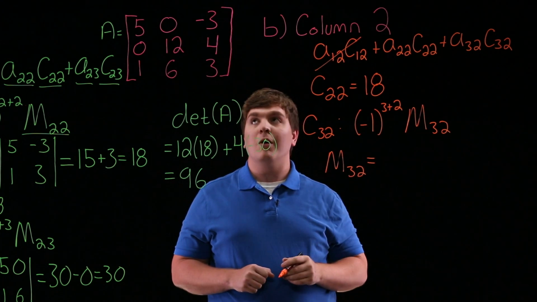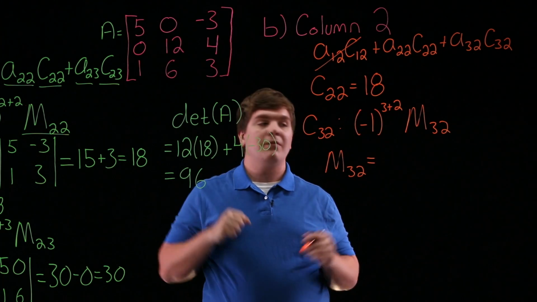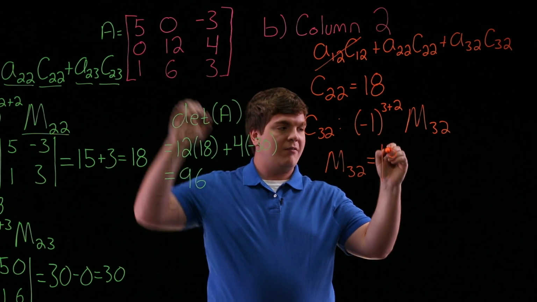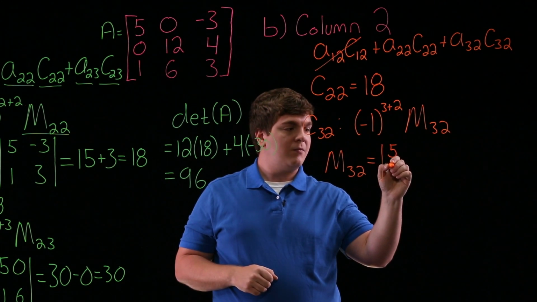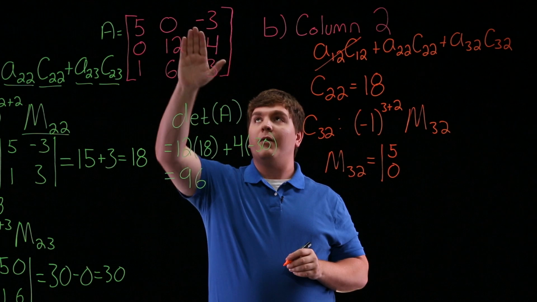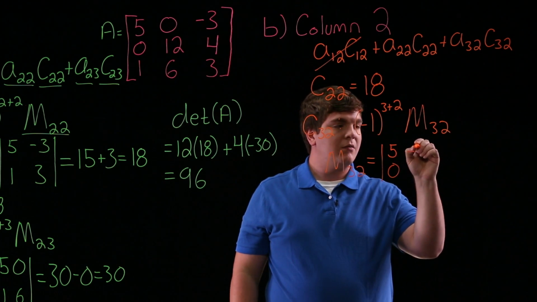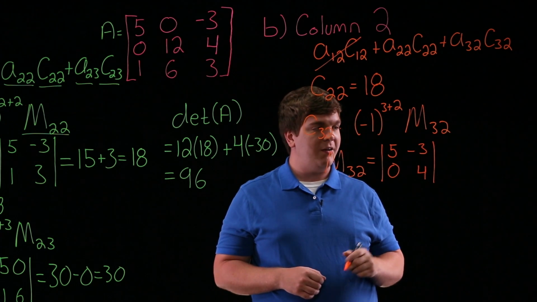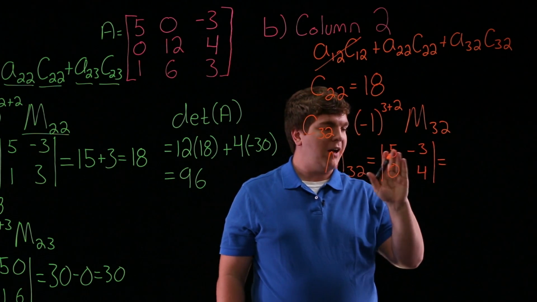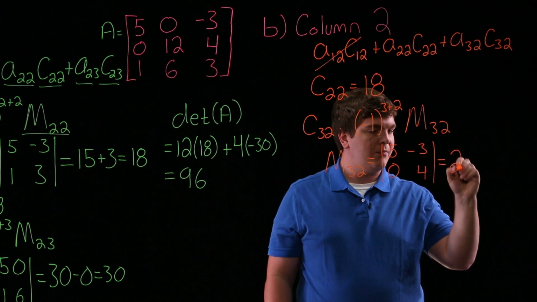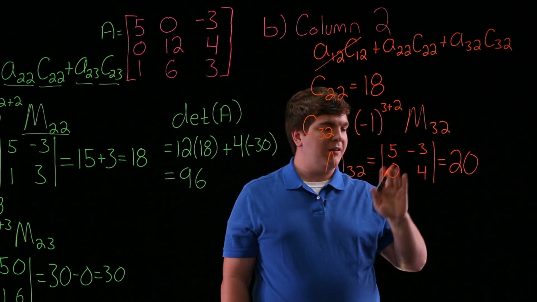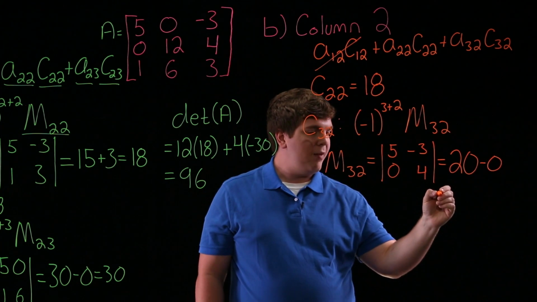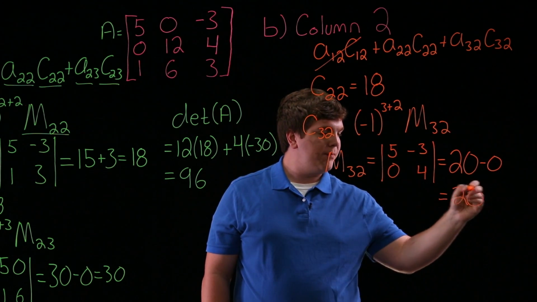We'll delete the third row and the second column, and we'll take the determinant of the remaining matrix. So we'll have 5, 0 in the first column, and we'll have -3, 4 in the second column. Now taking the determinant of this matrix, we see that this is 5 times 4, which is 20, minus -3 times 0, which is 0. So we have M32 is equal to 20.